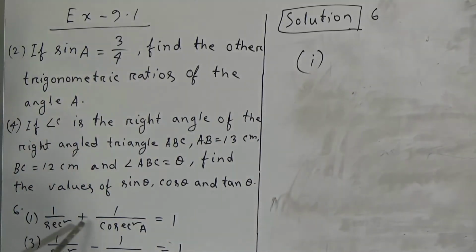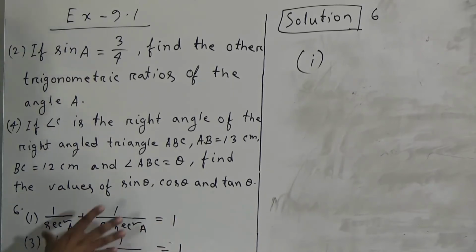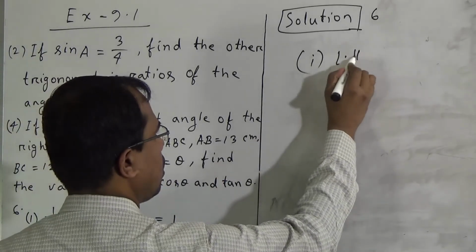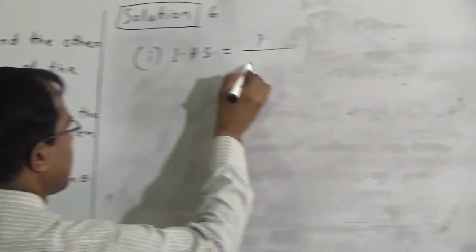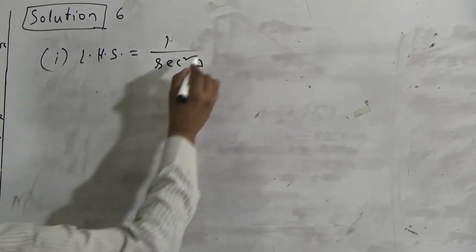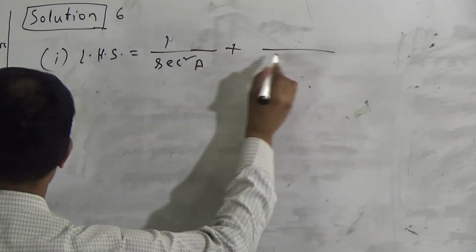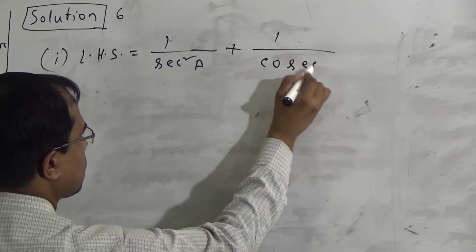The question is 1 by sec square A plus 1 by cosec square A is equal to 1. That means we have to show that the left hand side is equal to 1. Here the left hand side is 1 by sec square A plus 1 by cosec square A.